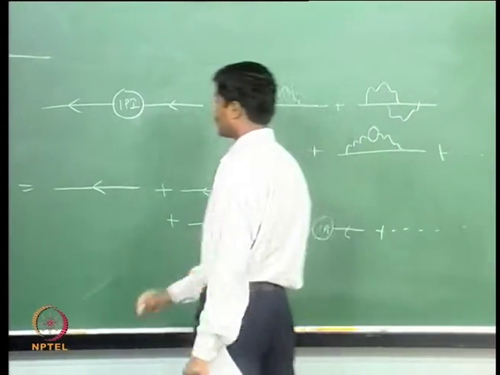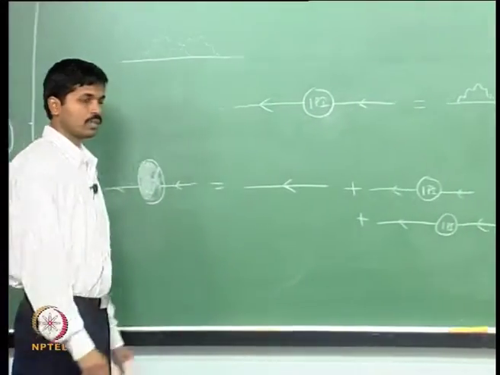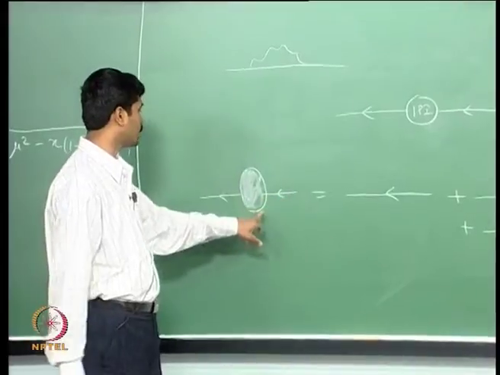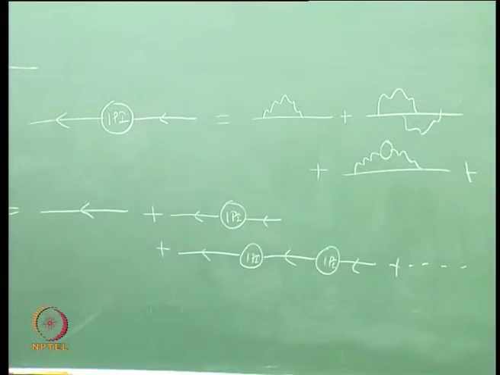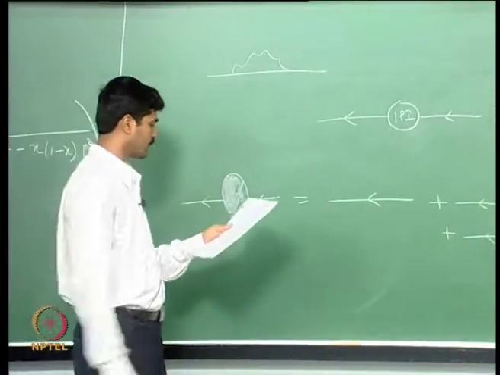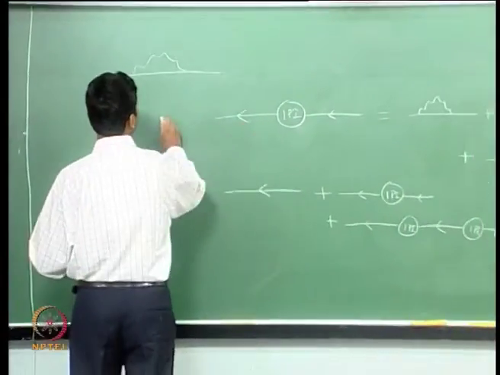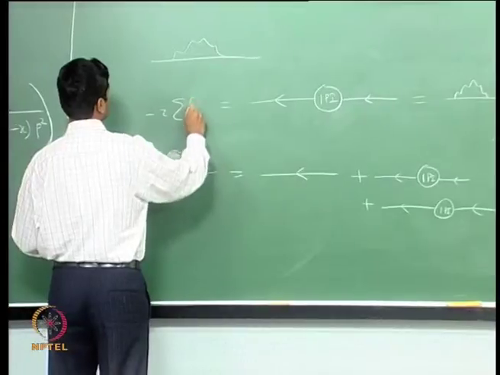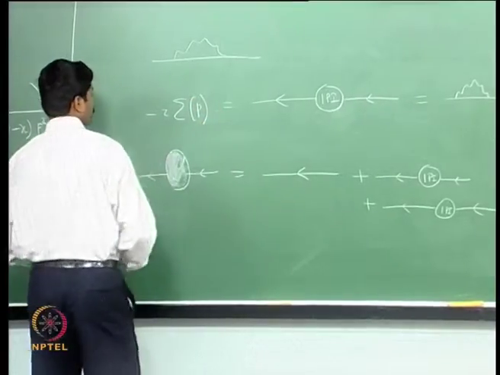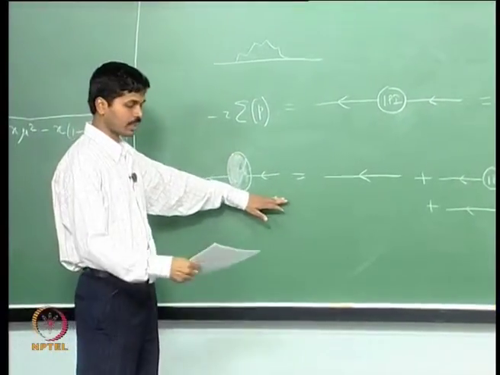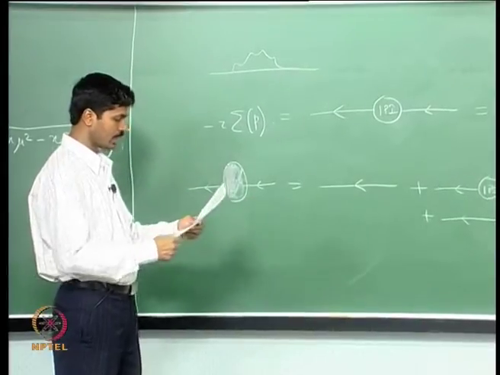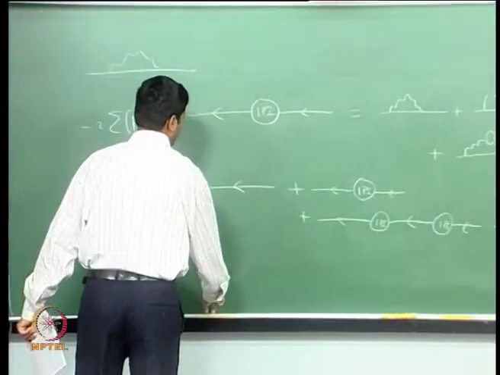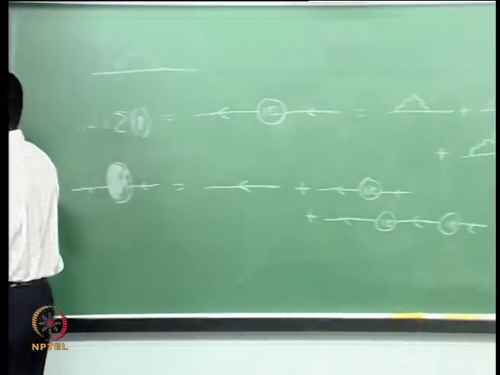The sum over all such terms will give you the exact propagator. This I will denote to be minus i sigma of p, and we would like to evaluate the exact propagator here. So the exact propagator will have the following form.